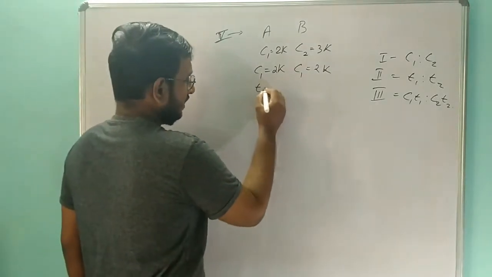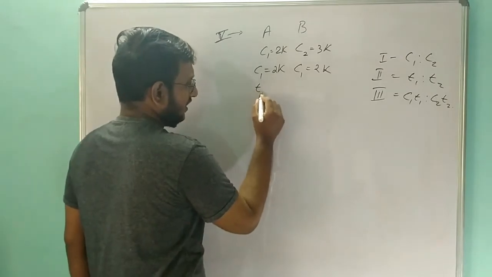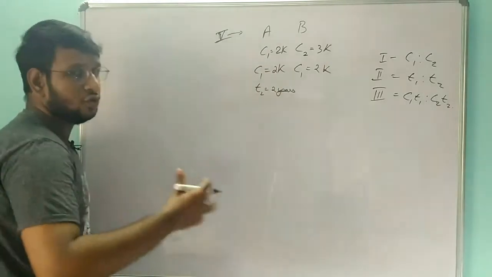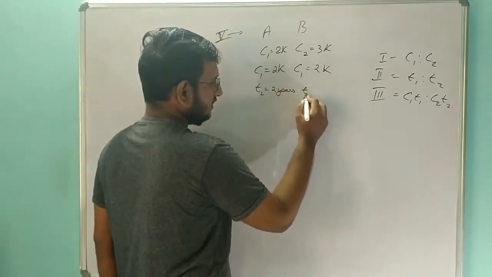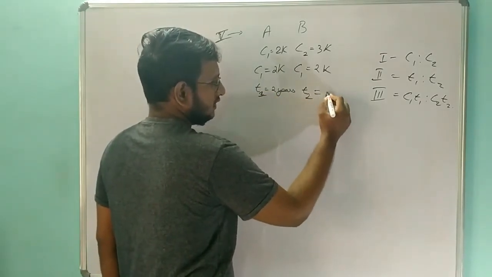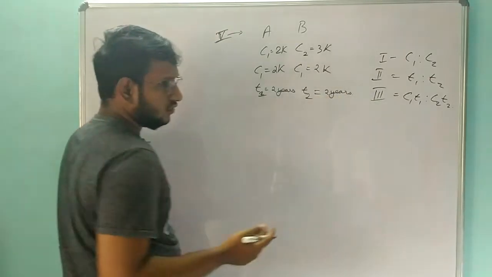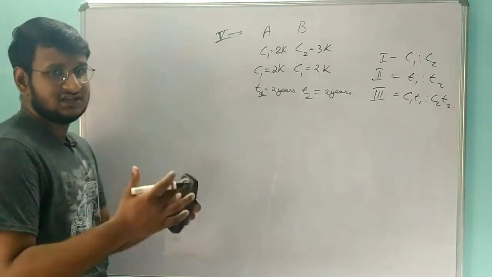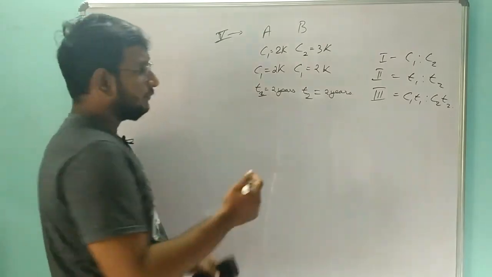So here, only after 2 years he has invested 2k again. I mean stakeholder B also invested 2k after 2 years. Okay, so in this scenario there are multiple investments, not a single investment.